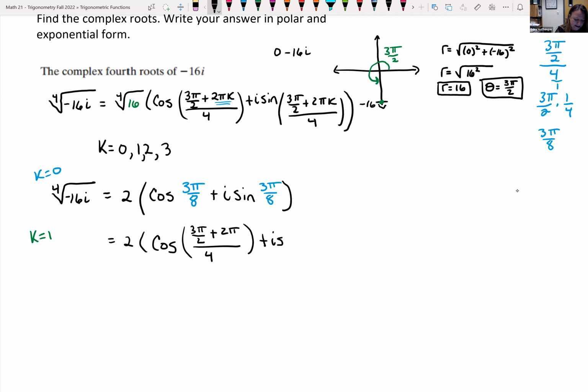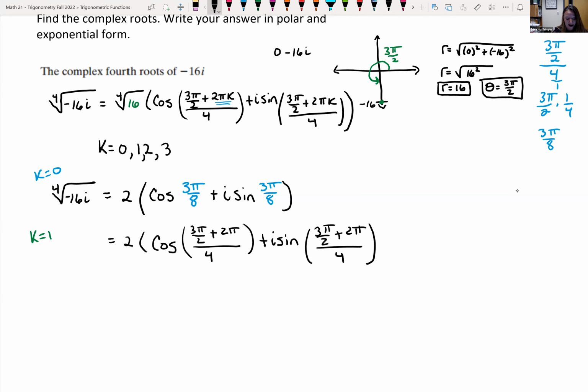Plus I sine of 3 pi halves plus 2 pi all over 4. So that 3 pi halves plus 2 pi, I need a common denominator. So my common denominator is 2.